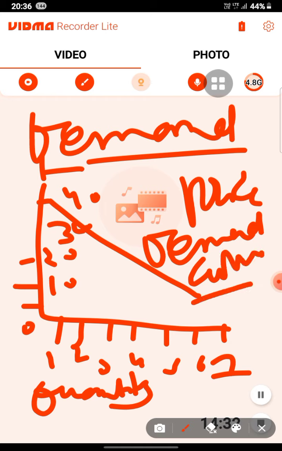The quantity demanded of any good is the amount of the good that buyers are willing and able to purchase, like how many buyers want to purchase.